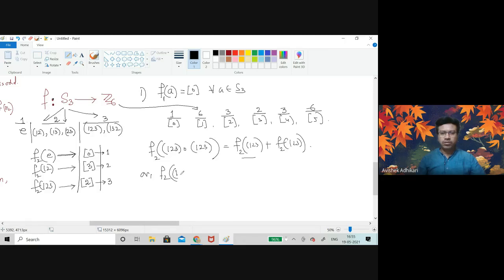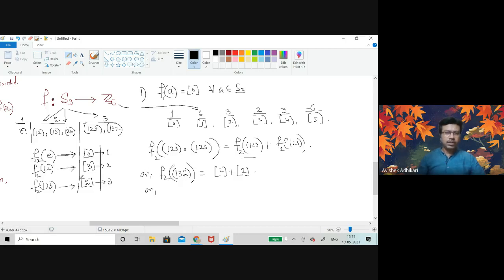So 1 goes to 3, and then 3 goes to 1 and 1 goes to 2. So this value is equal to, what is this value? (1 2 3) value is 2 plus (1 2 3) value is 2. Okay.